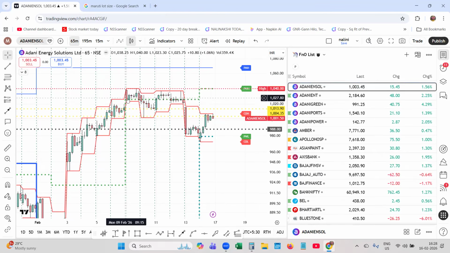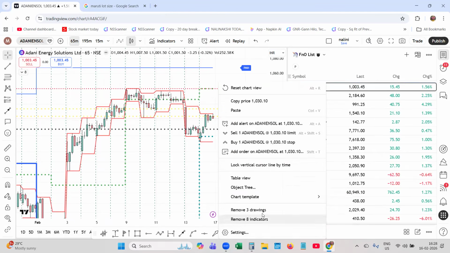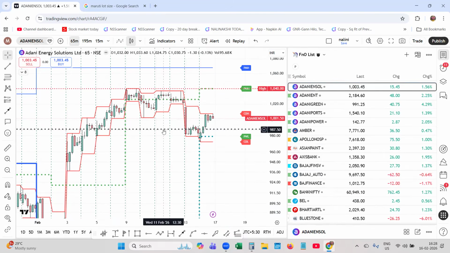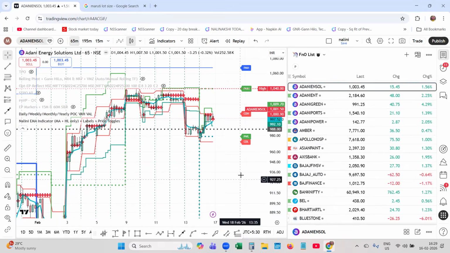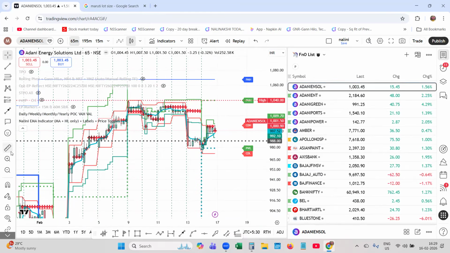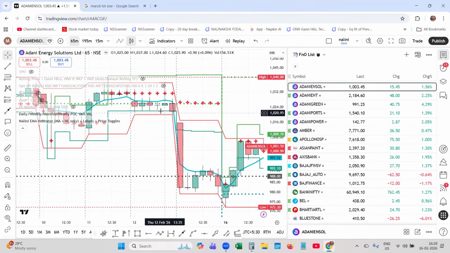So it has taken 4 days. Let me remove the drawings. The first selection is over, and then let us enable my market memory POC. When I enable the market memory POC, see, when it started this little light green color, price got rejected from the point of control.